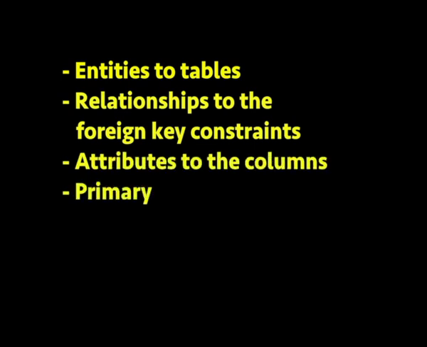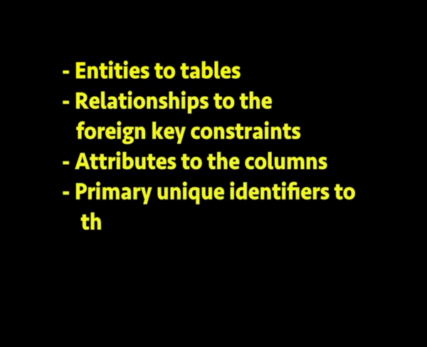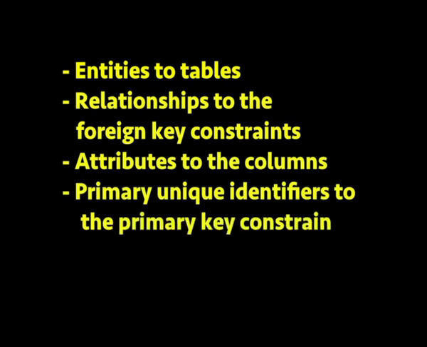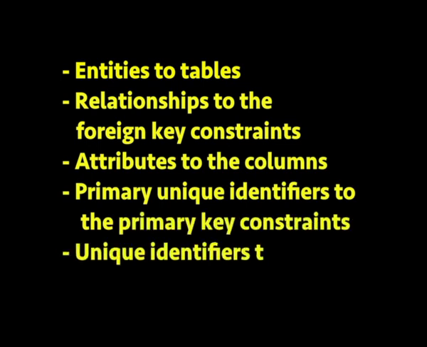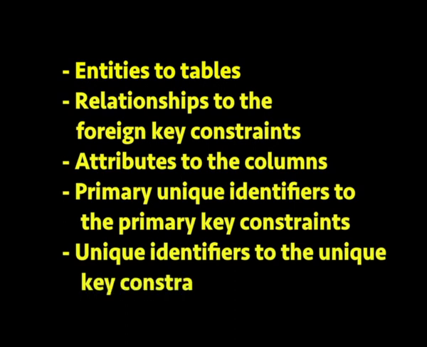During the physical design process, expected schemas are translated into actual database structures. At this time, we should map the following: entities to tables, relationships to the foreign key constraints, attributes to the columns, primary unique identifiers to the primary key constraints, unique identifiers to the unique key constraints.